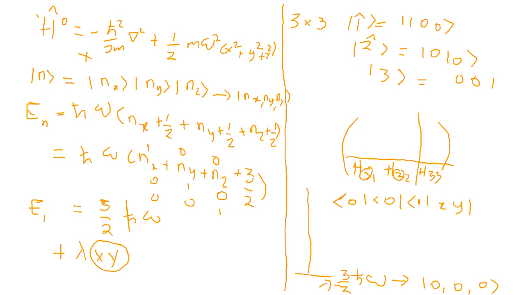And you have 1, let's take maybe h1, which is that vector there. So you get 1, 0, 0. Right. Now the perturbed Hamiltonian is not depending on z, so it doesn't touch this.